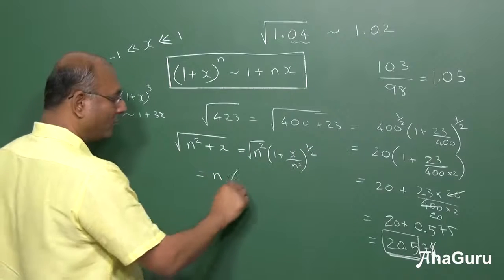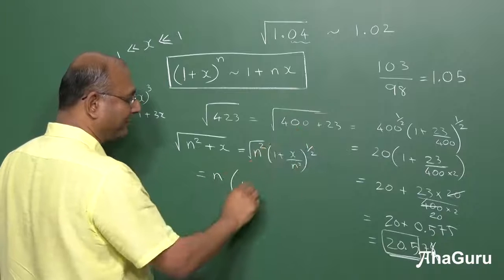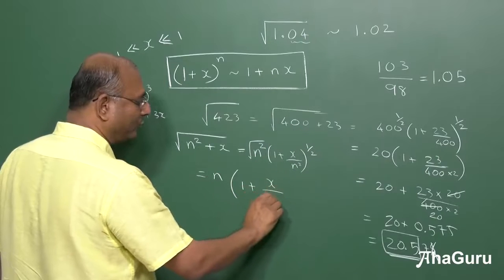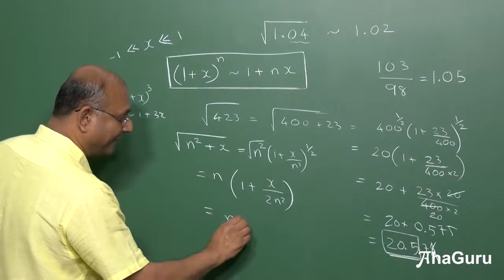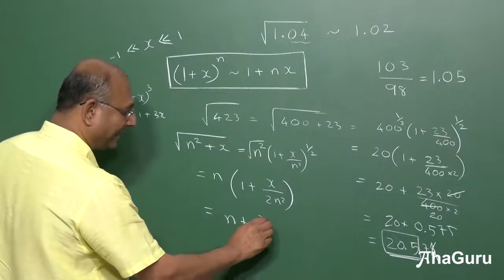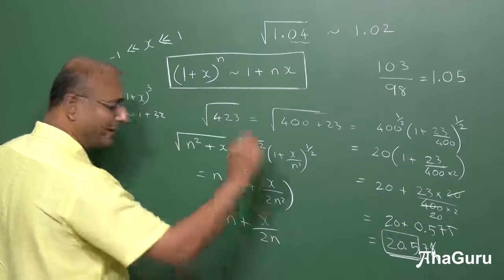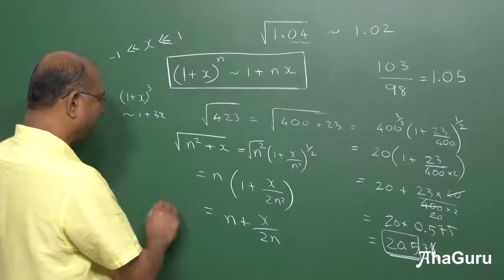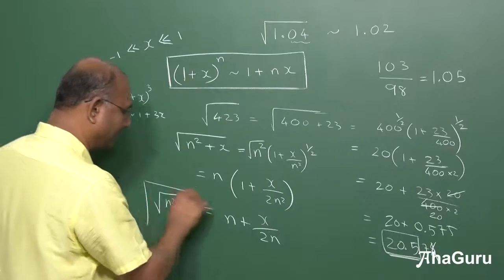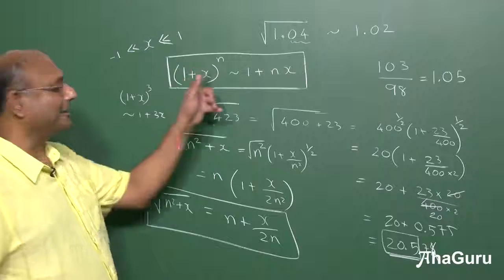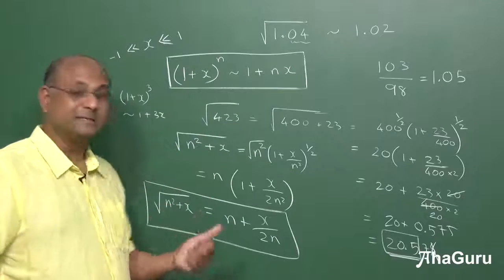N. What is 1 plus x by n square power half? 1 plus x by 2n square. So that means I'll get n plus x by 2n. Now, sometimes it's a good idea for people to remember this as a formula. I don't remember it myself, so I won't advise. I always go back to this formula. But for many people, this is a convenient thing.